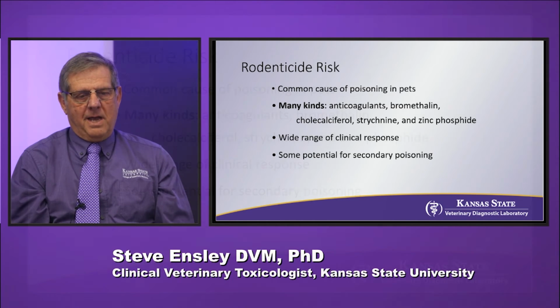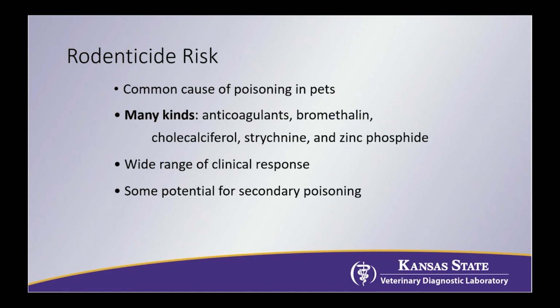So now what's changed in the last 5 years is that anticoagulants used to be the main rodenticide that we would see issues with. Now bromethalin was the newest one. EPA wanted to pull all the long-acting anticoagulants off the market and use bromethalin as the rodenticide.